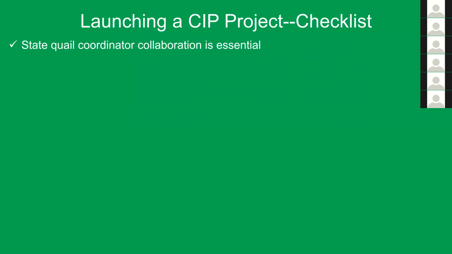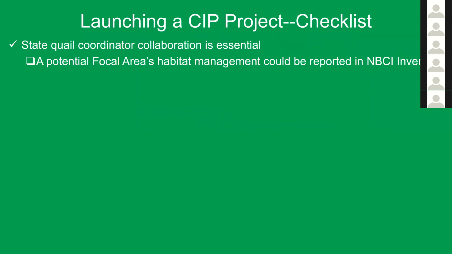You probably know those, but if not, they're listed on the bringbackbobwhites.org website of NBCI's. And again, just to reiterate, it might be a couple of years before you can actually begin the monitoring and provide the shape files and so forth for a CIP, so I encourage you to report your habitat management to your state quail coordinator so it can be in the NBCI inventory.